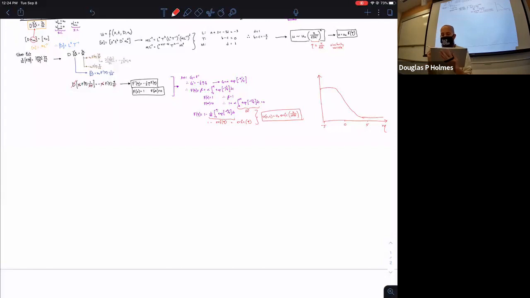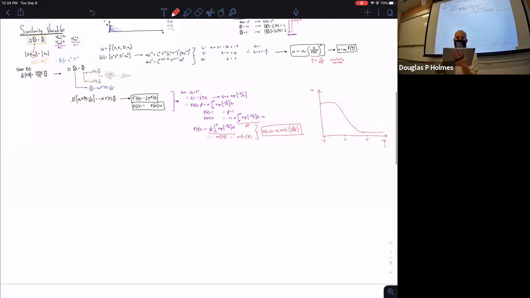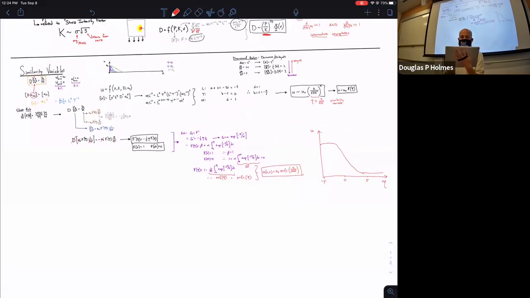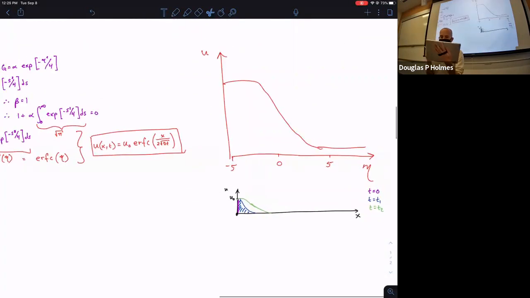The way to think about what this plot means physically is to go back to what our imagined data is. I'm going to grab this thing, paste it over here. And what this is saying is that all of these curves that are sketched out over here, in which we have something that's starting at u naught, dropping to 0, then maybe it goes for u naught longer, drops to 0.